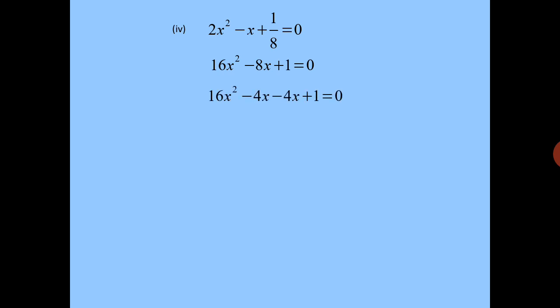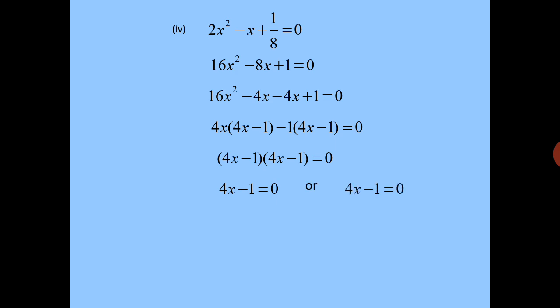Now go on solving and you get two brackets. In this case, both the brackets are the same. It may happen because we have been studying that a quadratic equation will have at most two solutions. In this case, first bracket equal to 0 or the second bracket equal to 0. Finally, you get x equal to 1 by 4 or 1 by 4. That means it has one solution, equal roots.